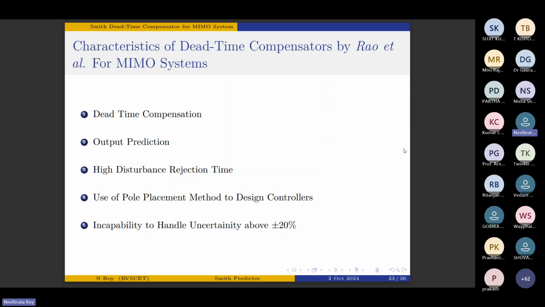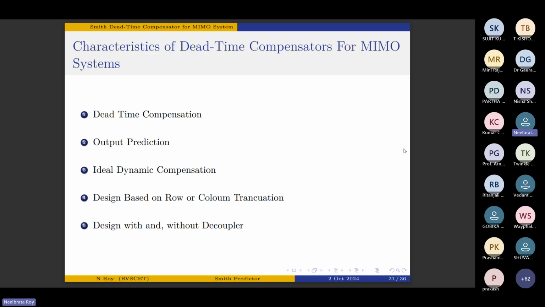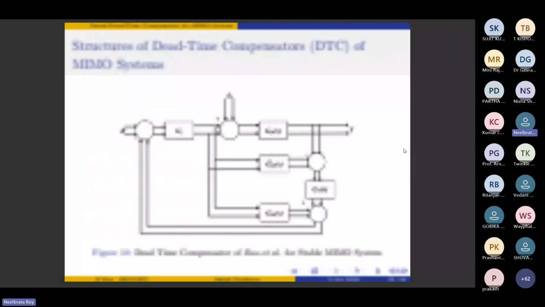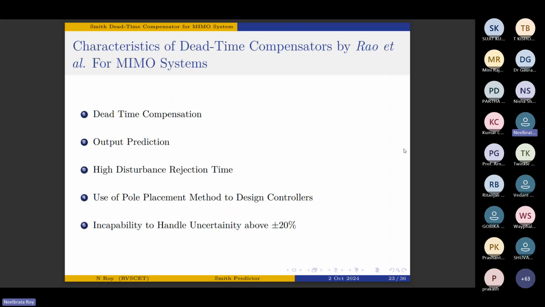But the third property, ideal dynamic compensation, is not satisfied in this plant. But as I have told previously, if only two properties get satisfied for a MIMO system, then it can be said to be a dead time compensator.